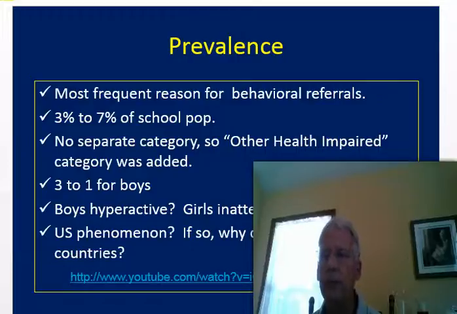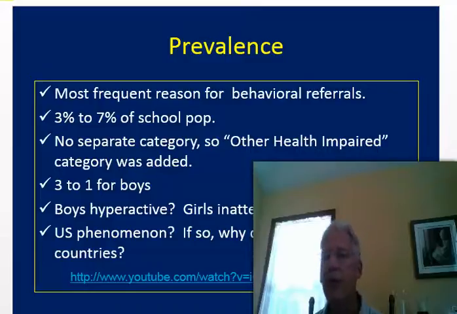So, as we've done in the last chapters, once we try to understand the history, once we try to define it and talk about labels, then we also take a look at the prevalence. And so this slide 29 has some facts about prevalence. It's the most frequent reason for behavior referrals in schools. ADHD affects 3 to 7% of the school population.